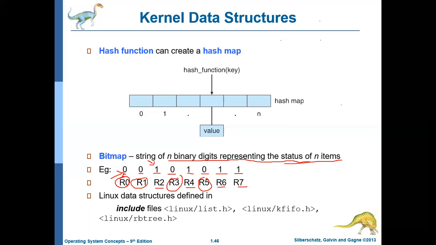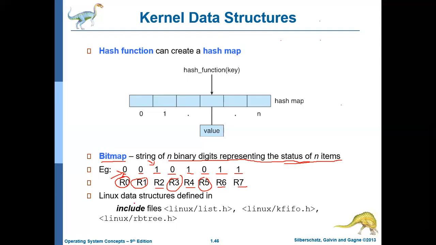So this type of data structure is called a bitmap. Basically a bitmap maintains a collection of n binary bits, and each bit represents whether a resource is being used or not.